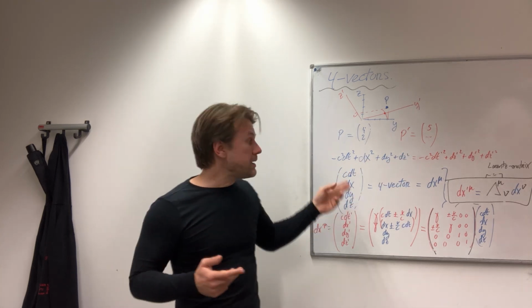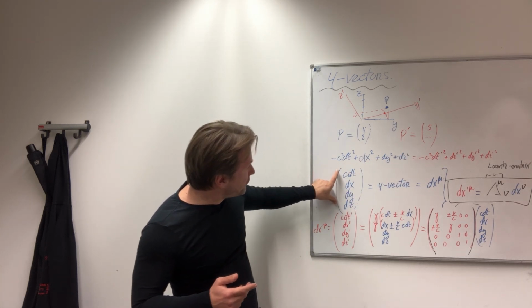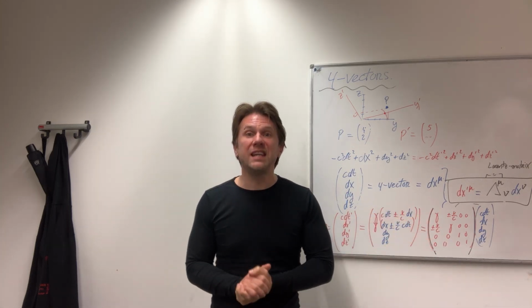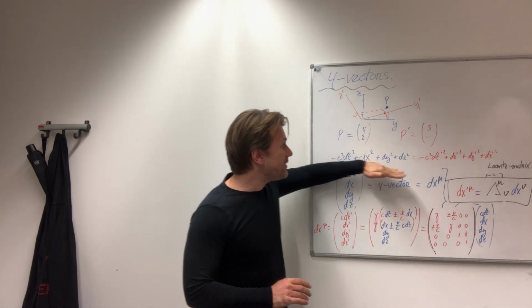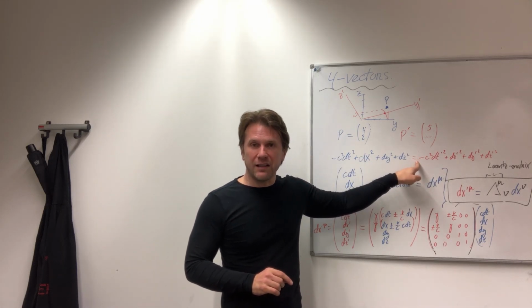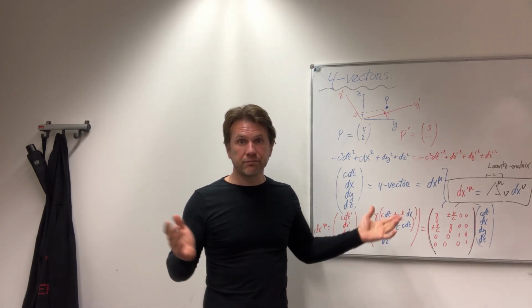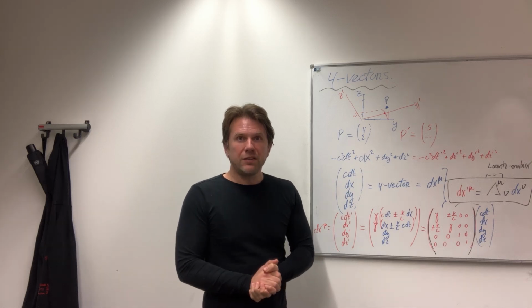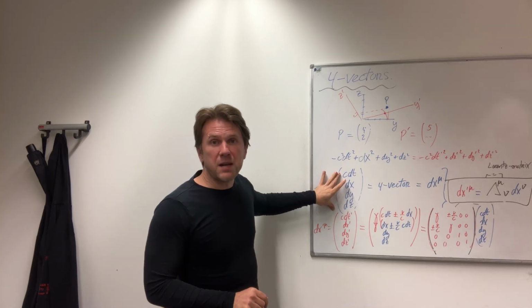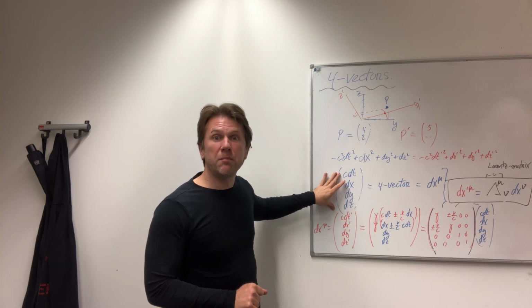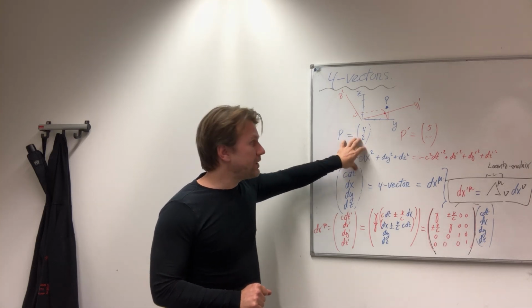But if I multiply this 4 vector by, I don't know, the number c, the speed of light, well, the speed of light is the same. It survives the equality sign. It's the same on both sides. So I can very easily do a 4 vector multiplied with c or divided by c or multiplied with c to the power 17, and the rule would still apply.